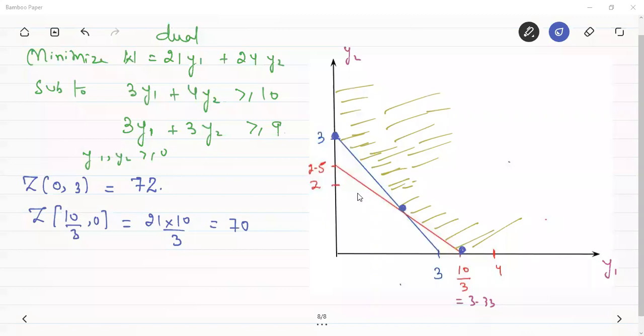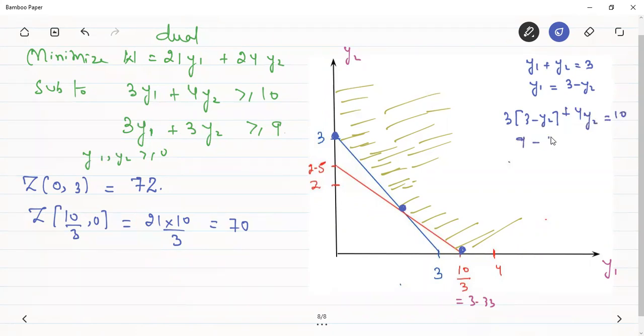Now about this third corner point, we can see that the second constraint can be written with 3 and 3 canceling out. We get y1 plus y2 is equal to 3, so y1 is equal to 3 minus y2. Putting this in the first constraint, 3 into (3 minus y2) plus 4y2 has to be equal to 10.